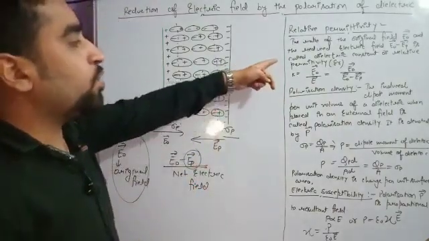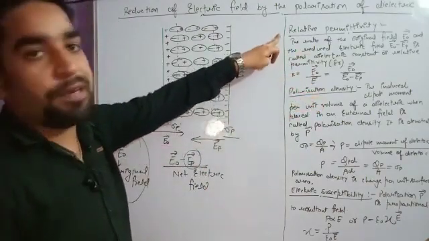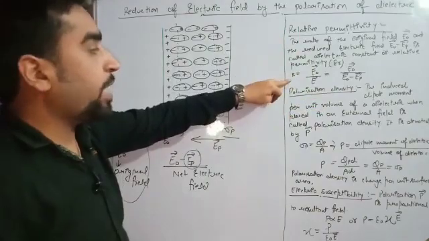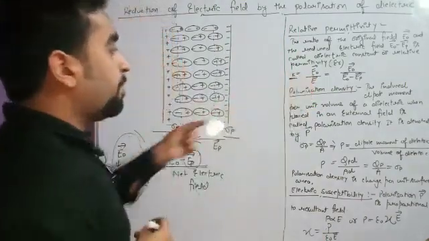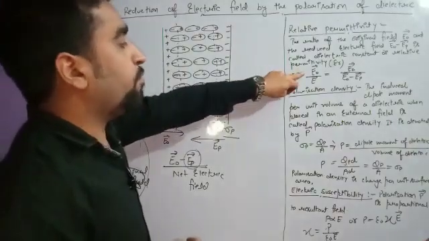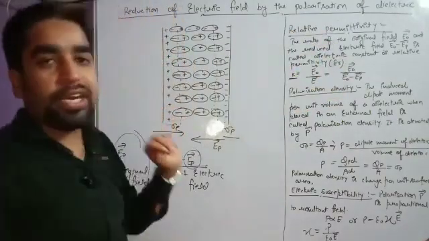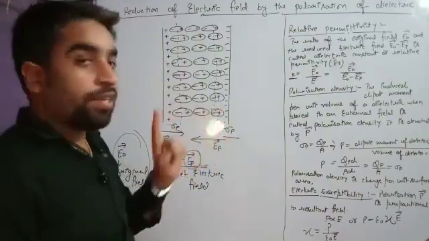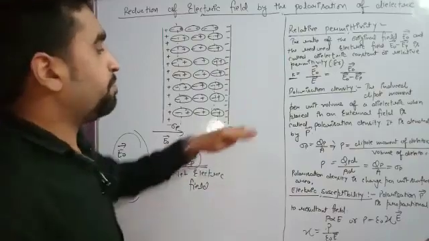This is also known as the dielectric constant, denoted by a small k. You have to remember that the ratio of the original field to the net electric field is known as the dielectric constant or relative permittivity. Both words are used for this. So you have to remember this.